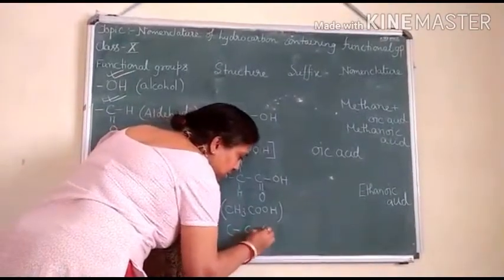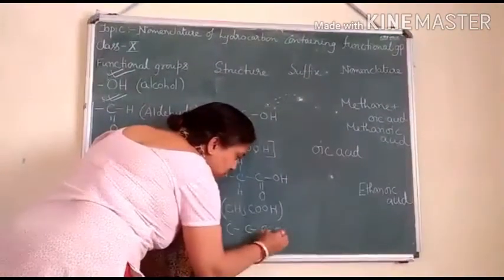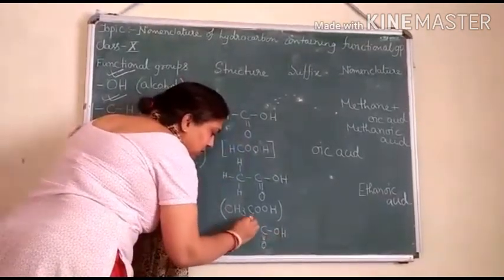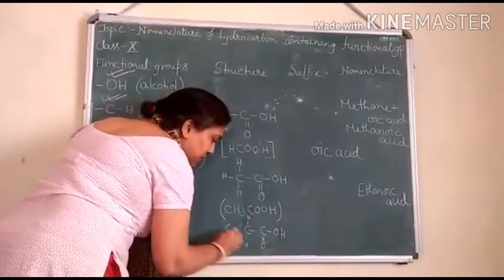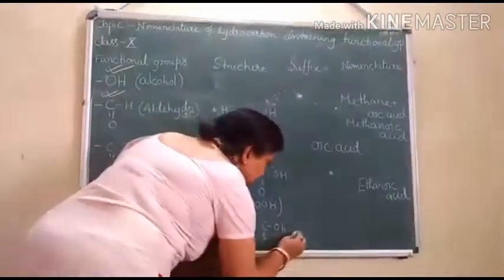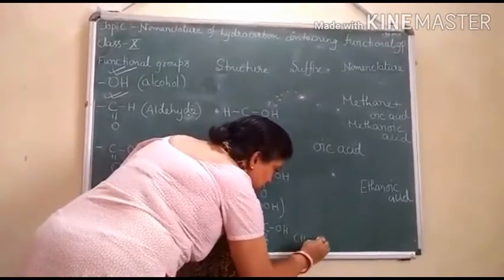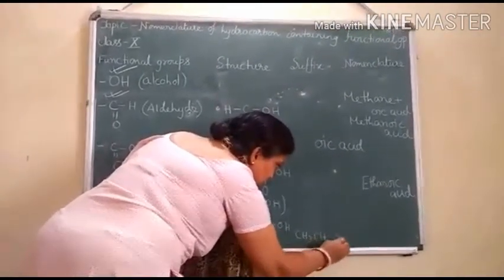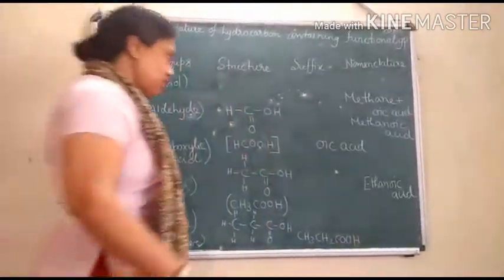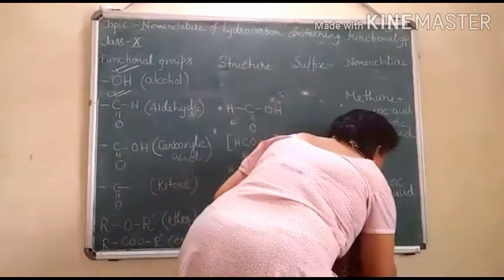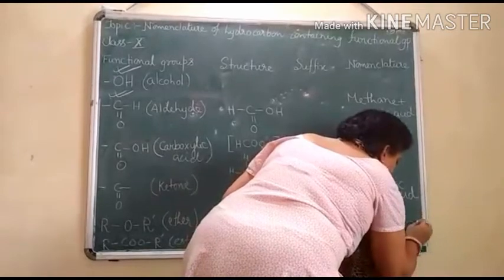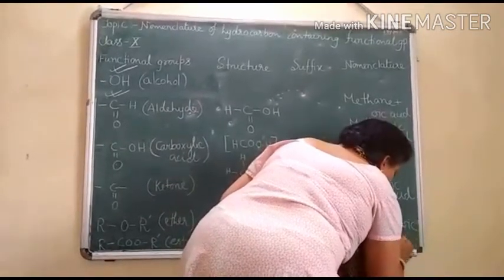Next one is 3 carbon. Write 3 carbon. The last carbon will contain the functional group COOH. Satisfy the bonds. So this is CH3, CH2, COOH. This is the formula and the name will be propanoic acid. 3 carbon, that's why propane, and E will be omitted, so it is propanoic acid.